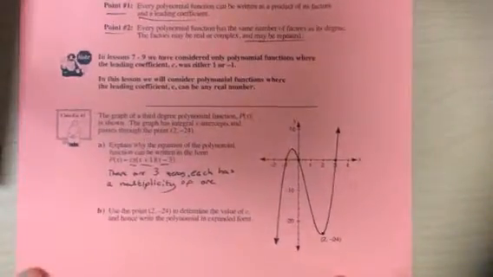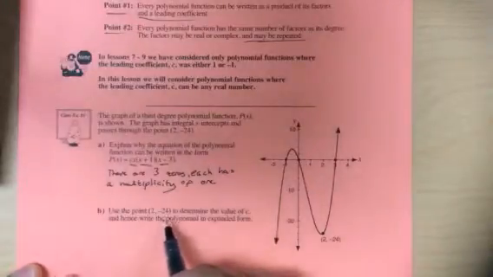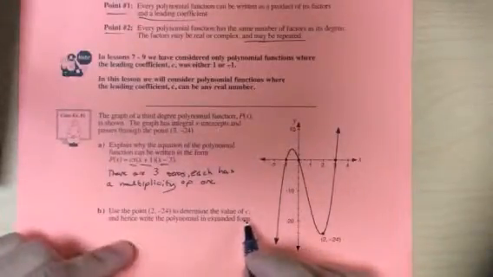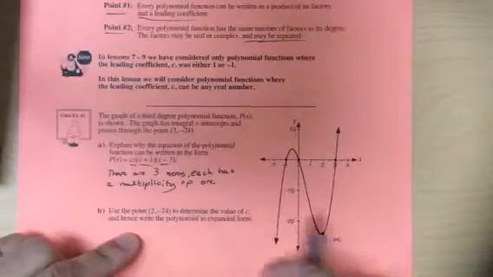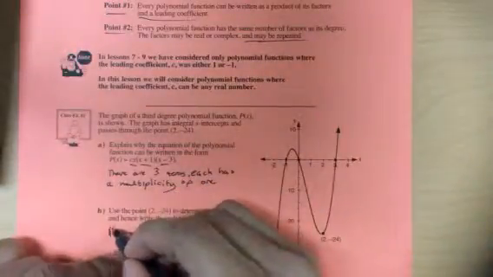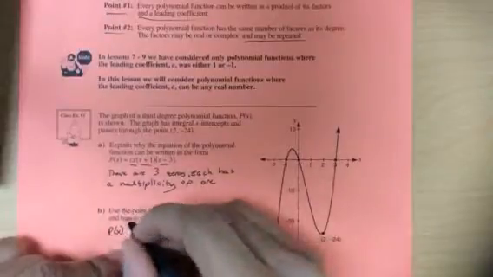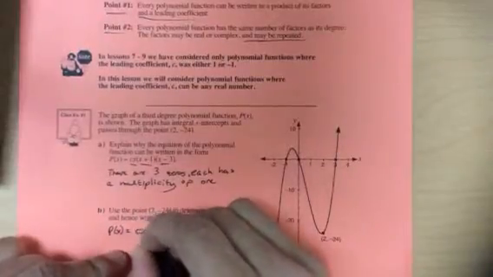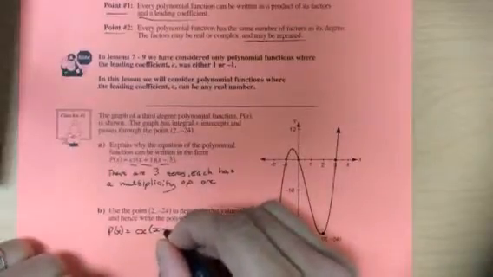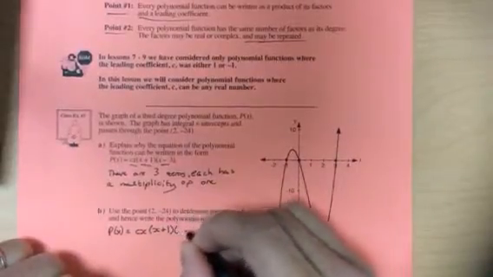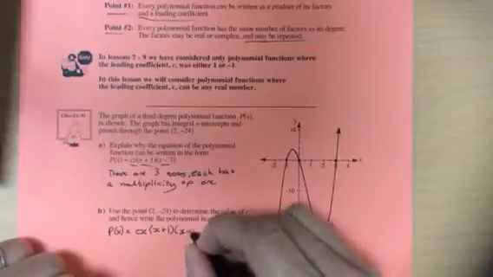All right, so let's look at part B here. Use the point (2, -24) to help determine the value of c, and hence write the polynomial in expanded form. Now, when we start these, remember that we're looking for this coefficient. And so sometimes that coefficient is going to be 1. So x plus 1 and x minus 3.